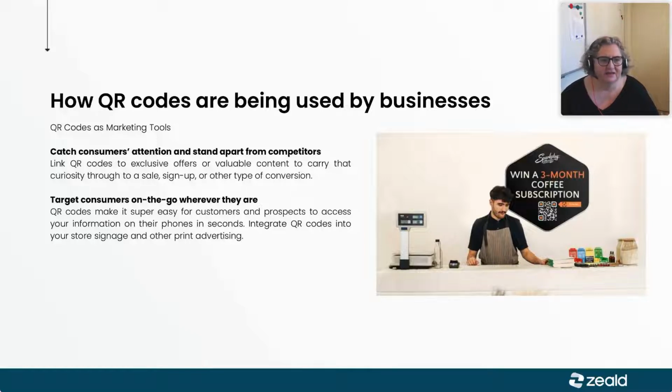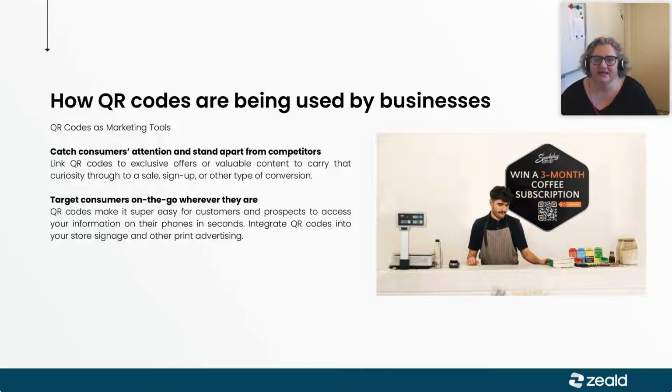So this is really cool. Like this little picture here, you've got someone there. They're already at the coffee shop, but you can sign up to a 3-month coffee subscription, and it takes you through to a link where they're going to be signing up, and obviously they're going to build that database, right? Which is what those things are all about, so that then you can market other promotions to them.